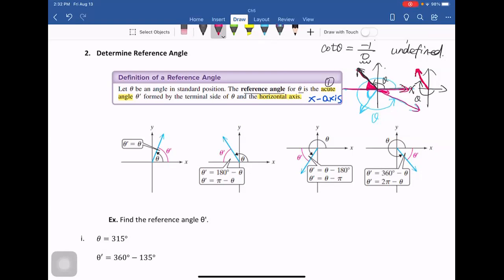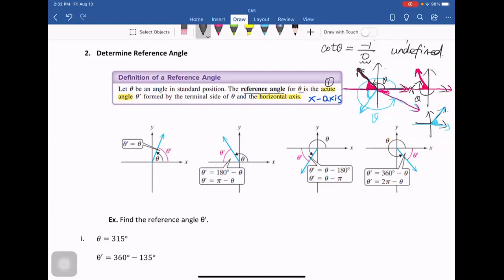So the terminal side is here, the x-axis is here, so that reference angle is here, the acute angle. And how about in the first quadrant? In the first quadrant, the reference angle is between this one and this one, so it's just like this.